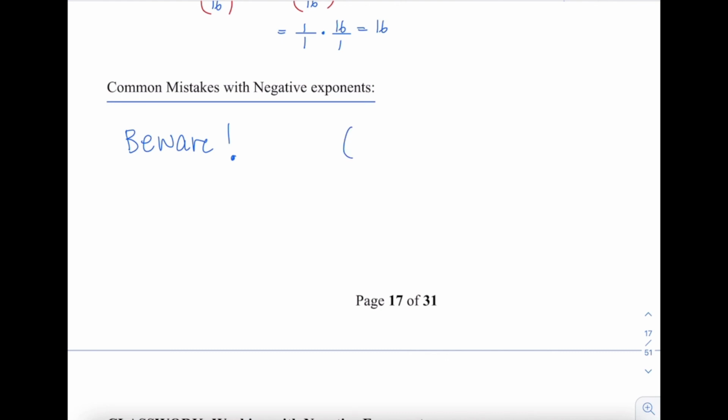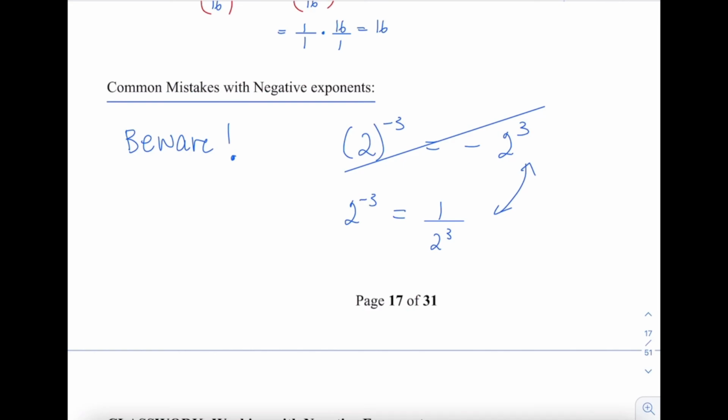So sometimes guys see something like this, they see 2 to the negative 3, and they tell me, actually, you know what, that's negative 2 to the positive 3, okay? But we're not going to do that because we know a negative exponent actually implies moving something from the numerator to the denominator. So we know that 2 to the negative 3 is actually 1 over 2 to the positive 3. So these are very different answers, okay? So beware, please don't make that mistake.